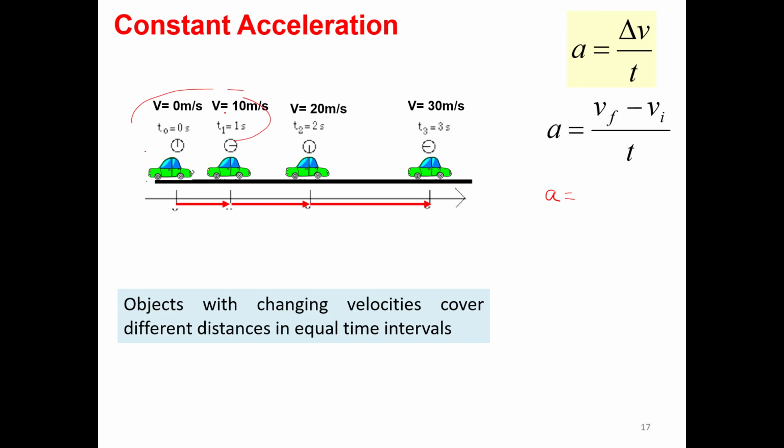For the first segment, this will be the initial, this will be the final. These velocities are the velocities just at this point. They are not average velocities. They are the velocities at this time, just in this position. Then it's 10 meters per second.